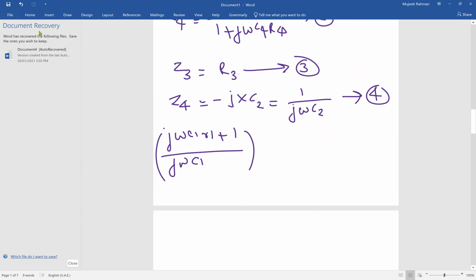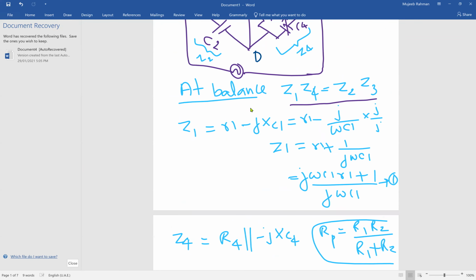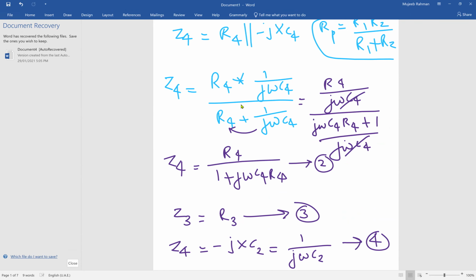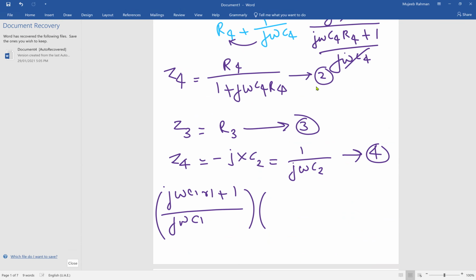This has to be multiplied by Z4. The Z4 value we got, which is equation number 2, is R4 divided by 1 plus j omega C4 R4.